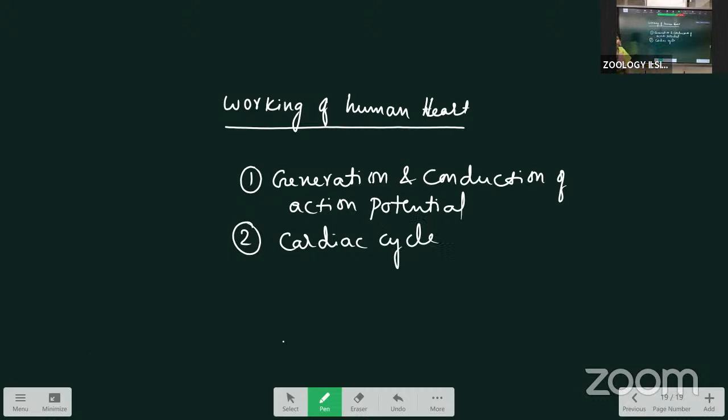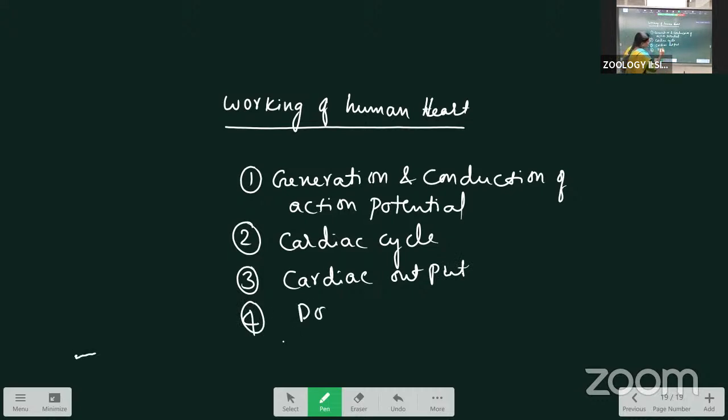The third one is the cardiac output. Next, double circulation.